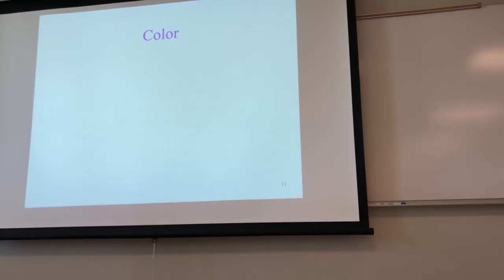Now, I think last time we talked about the relationship between frequency, wavelength, and energy, okay? So we said that you could differentiate energy based on the wavelength of a particular type of light that's given off. And that leads me into a discussion now about color, okay?